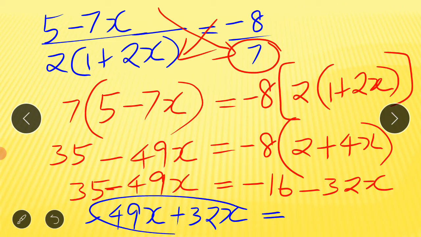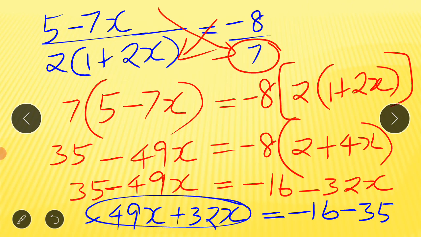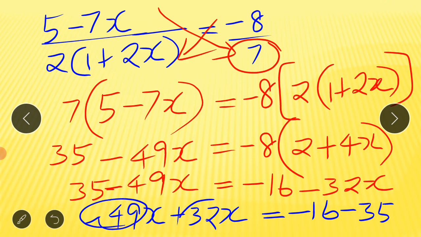Okay, we brought the variable term to the left hand side, then the constant term, now on the right hand side only we are going to write. Already the constant term on the right hand side is minus 16, we are not changing the position, so copy as it is. Then here plus 35, is it, plus is hiding here, so plus 35, when you bring it from the left hand side to the right hand side, it is becoming minus 35. So now we need to simplify these like terms. So take the numerical values, minus 49 plus 32, unlike, subtract, greater number sign.